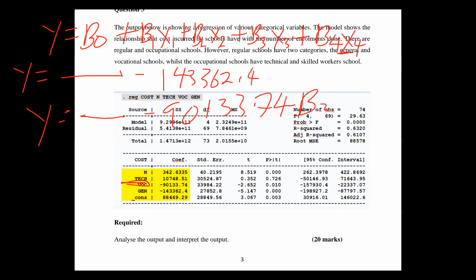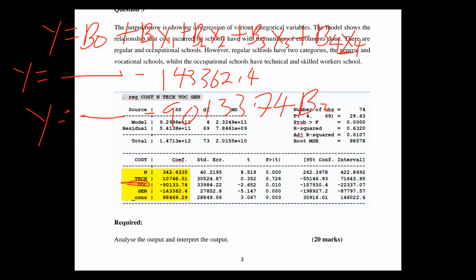Yes. So I'm using kwachas. I've just used the kwachas to make it a little bit more practical. But if you're not given the units, you can just say units. The number of units here are enrollments.